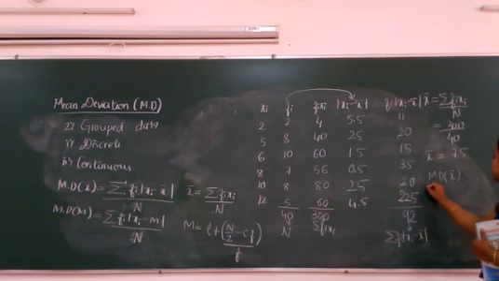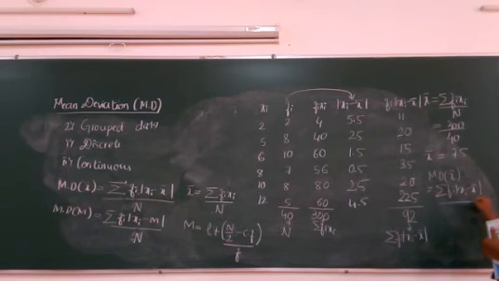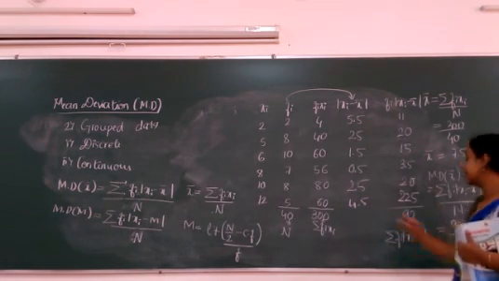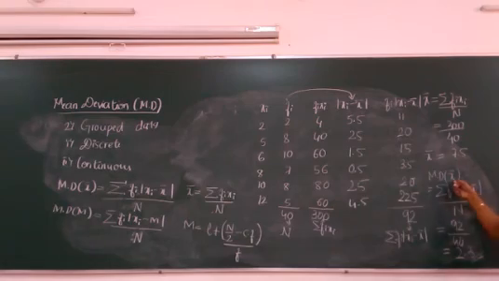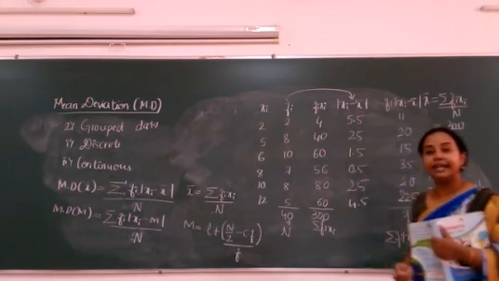It is the summation of Fi into modulus of xi minus x bar, whole divided by capital N. So the sum we have got here is 92, divided by the total frequency, 40. What is 92 divided by 40? It is 2.3. So this 2.3 is the mean deviation about mean for a discrete data.